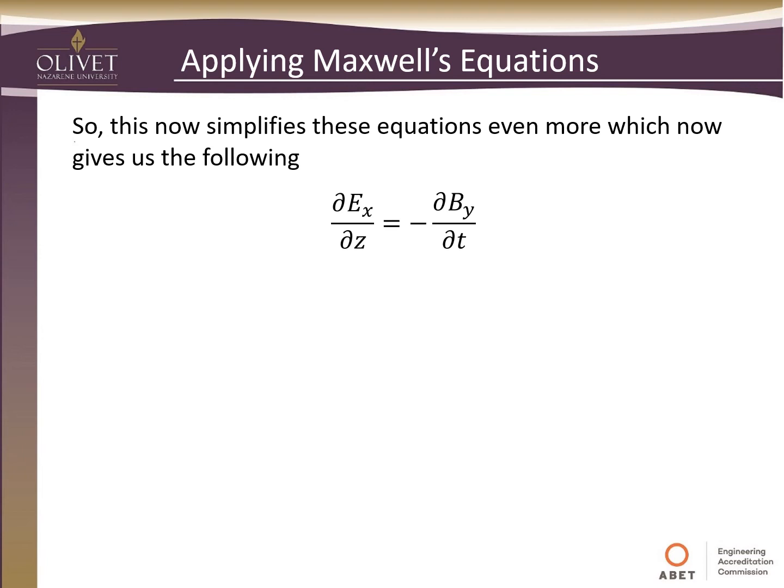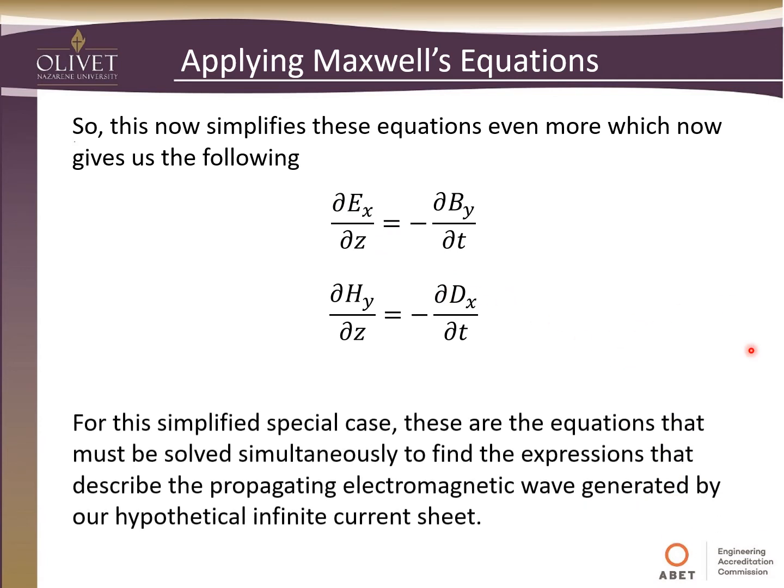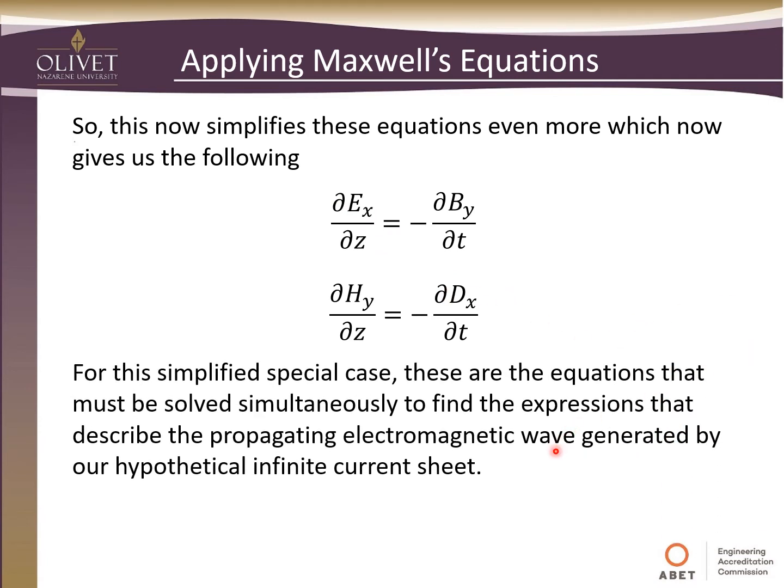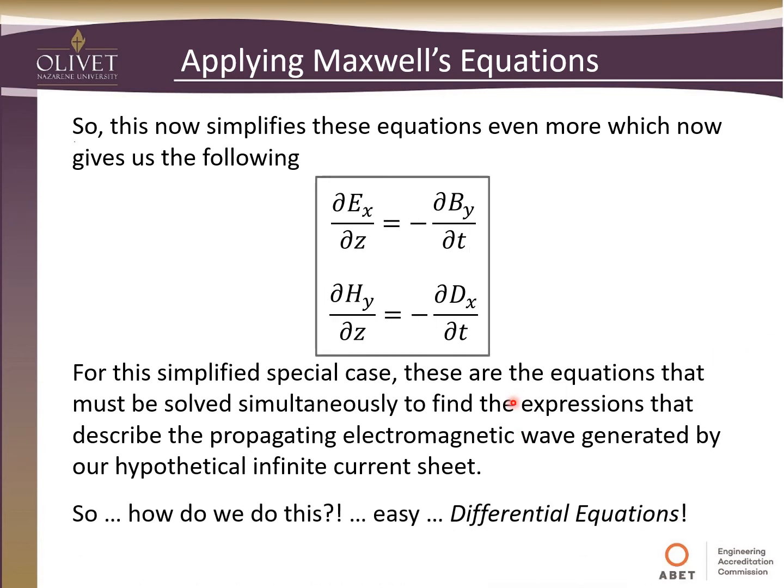This now simplifies the equations even more, which gives us Faraday's law here, and then Ampere's law here, and hopefully from what we've seen so far, this should make a little bit of sense and look familiar to you. For this simplified special case, these are the equations that must be solved simultaneously to find the expression for this propagating wave generated by our hypothetical current sheet.